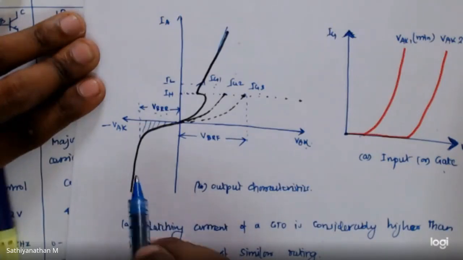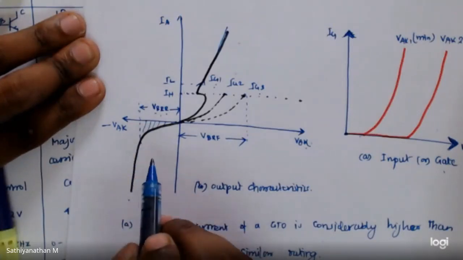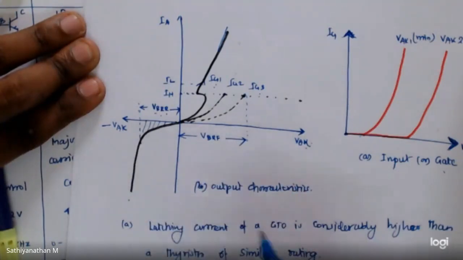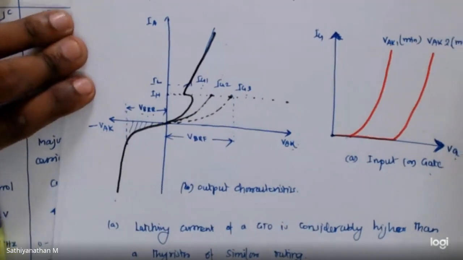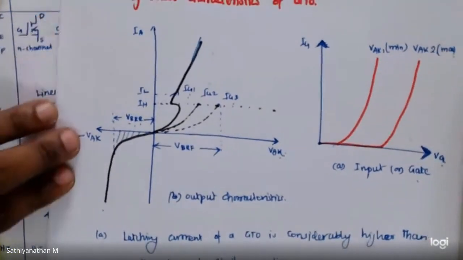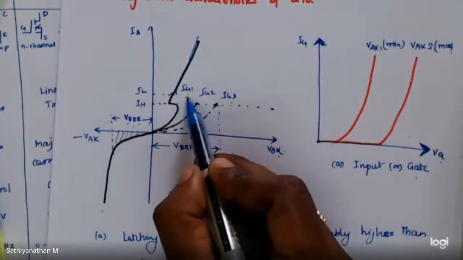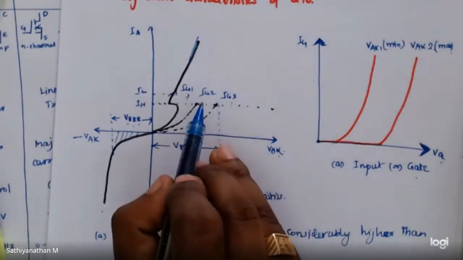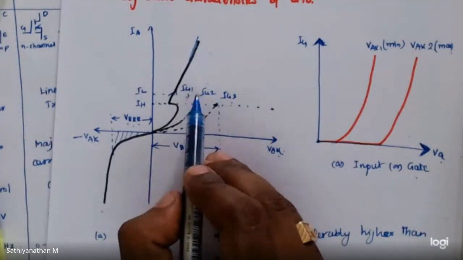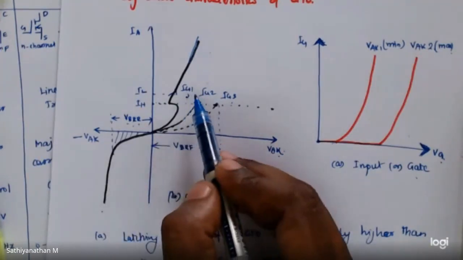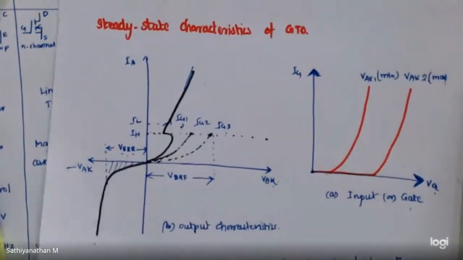That is called avalanche breakdown. That happens like SCR. GTO is also having a reverse breakover. Okay, so except that there is no issue, right? So if you remove the gate pulse, the device is on, and the only thing is you have to reverse this current magnitude to turn off the device. That is why we are calling it GTO. Okay.